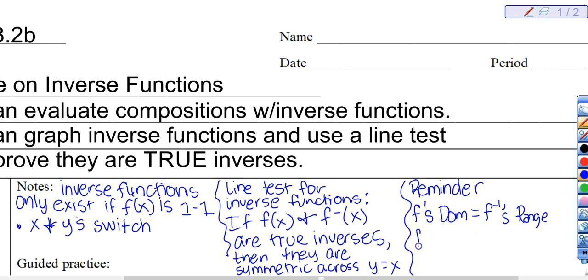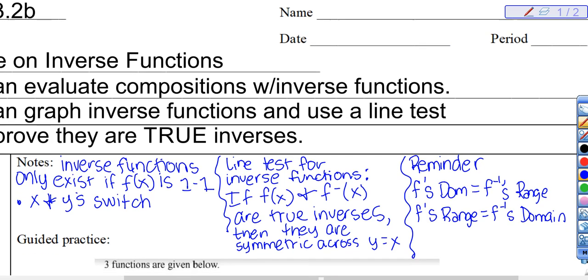And vice versa, f's range will switch to f inverse's domain. And we will see that really clearly on the graphs today. So those are the three things that I wanted to just bring back to the forefront of our minds.